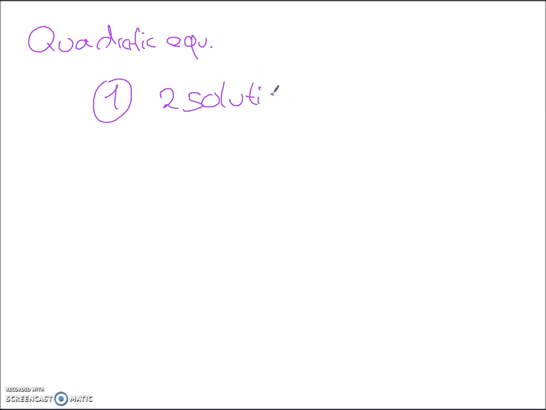So when a quadratic equation is given, you can solve it, and then one of three options will occur. There are two solutions. There is one solution.